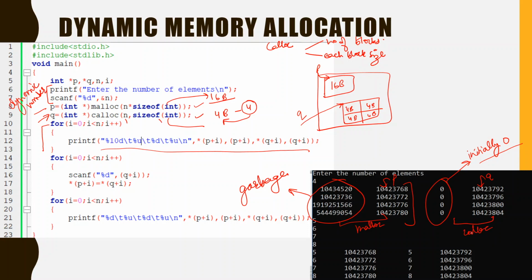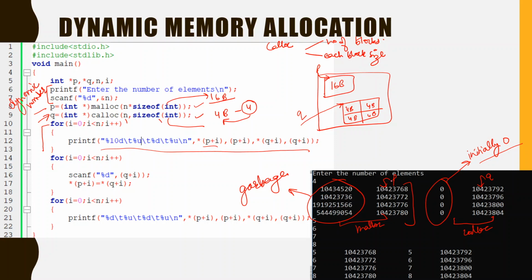Now you can also see that some contiguous memory locations have been given: 468 plus 4 is 472, 472 plus 4 is 476, and 476 plus 4 is 480. These are the contiguous memory locations received as p plus i, so i is incremented every time.